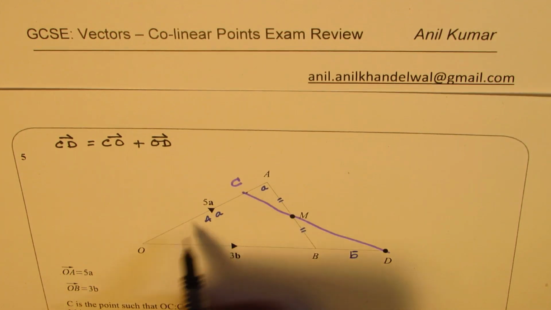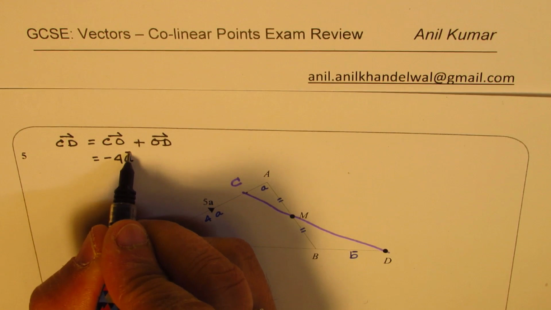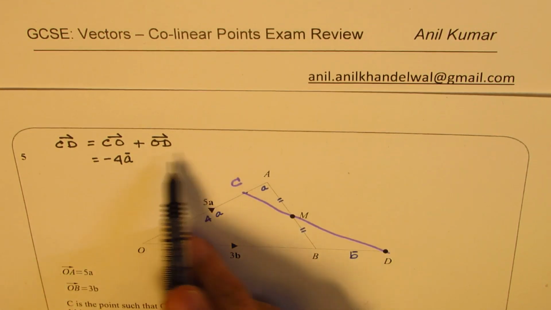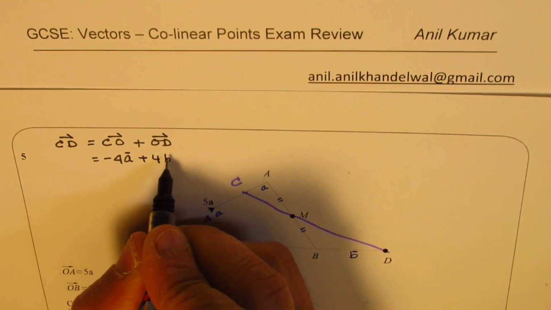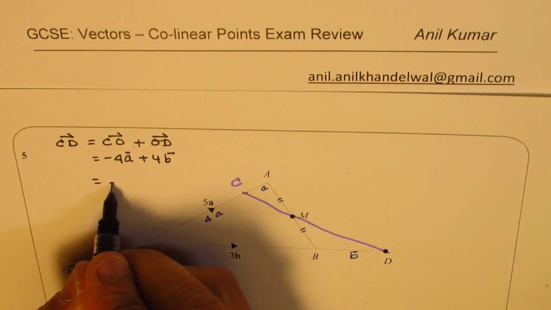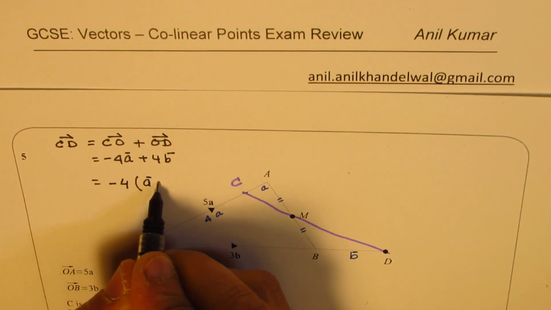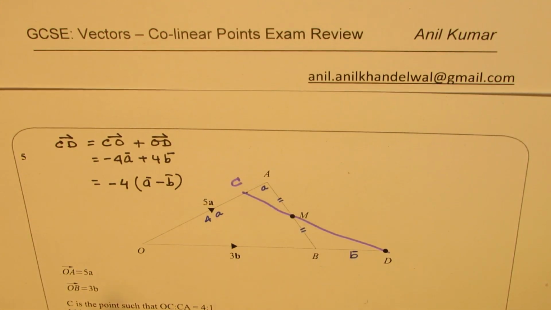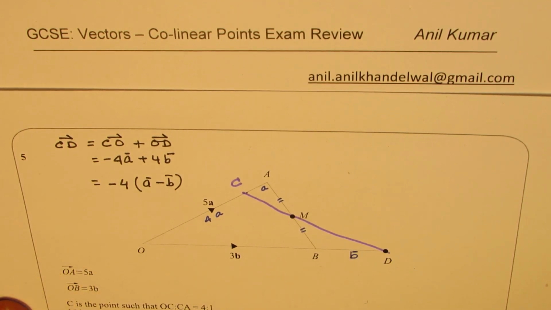Now C to O is minus 4A. Correct? Since the direction is opposite. And O to D is 4B. We can take minus 4 common, and then what we get here is A minus B. So C to D is the vector minus 4 times A minus B.